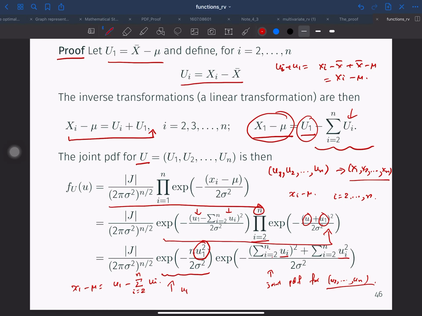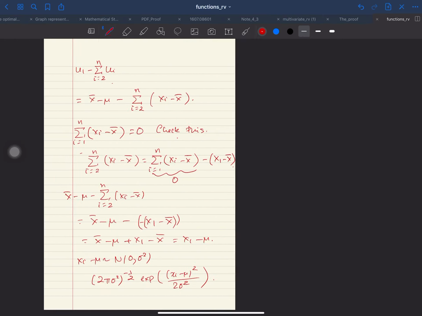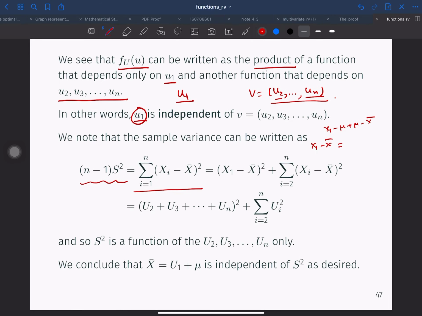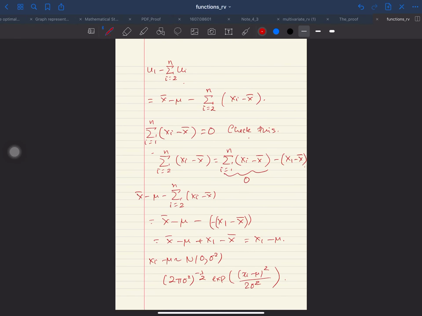So ui is xi minus x bar, as we said earlier, right here.